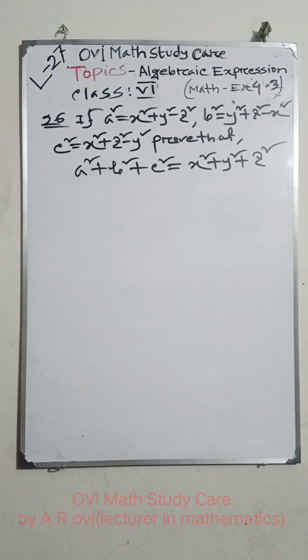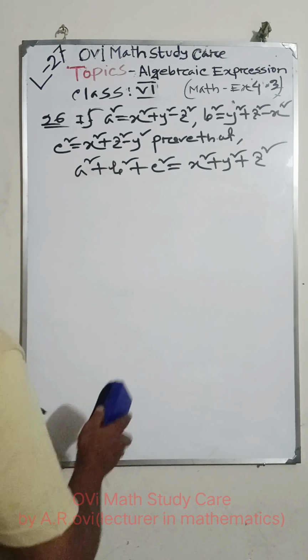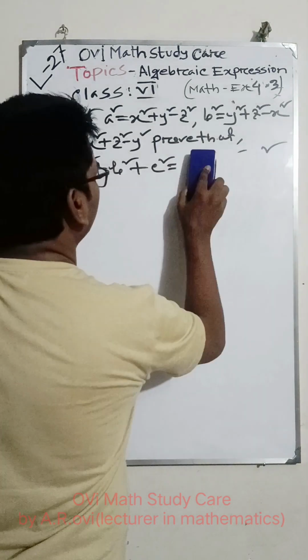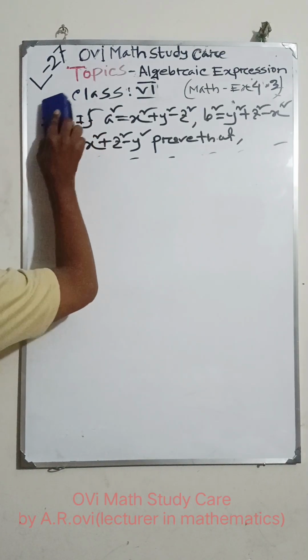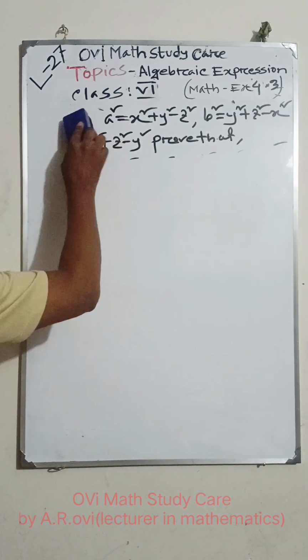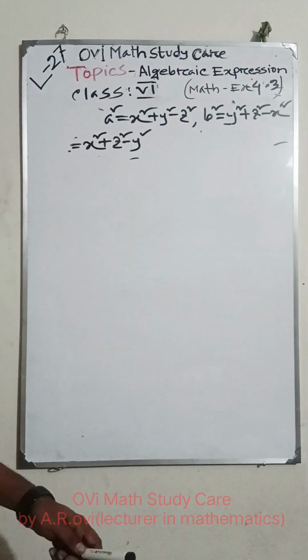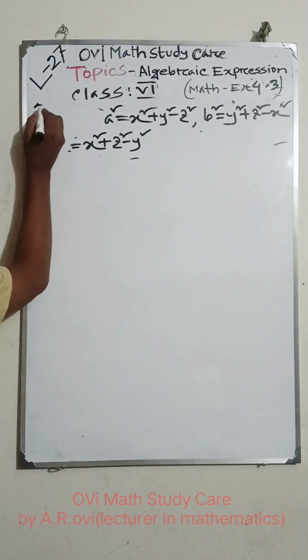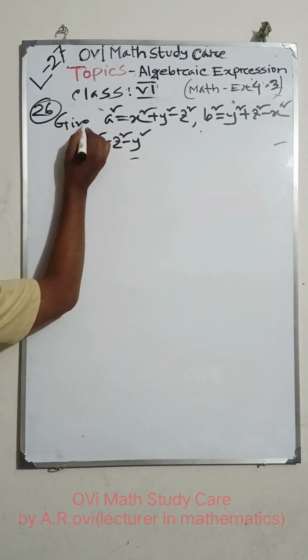So now, at first we write the problem. We should write "given": these are given, number 26. At first we write the given expression for number 26.